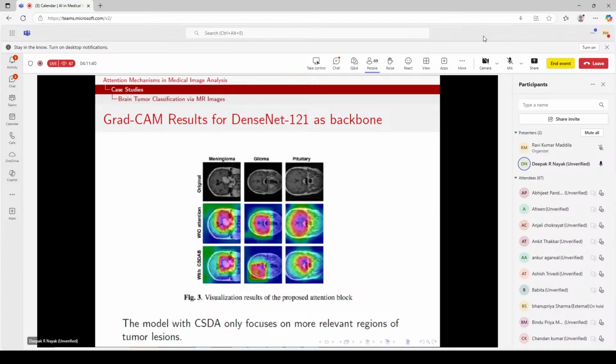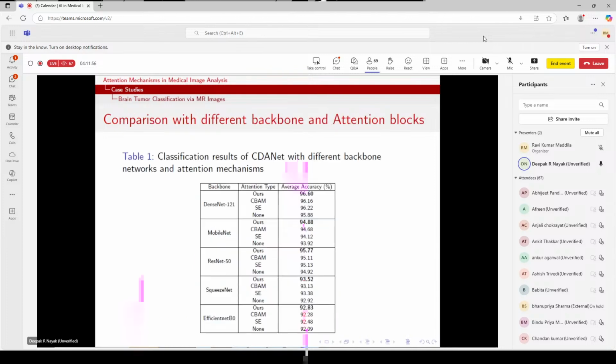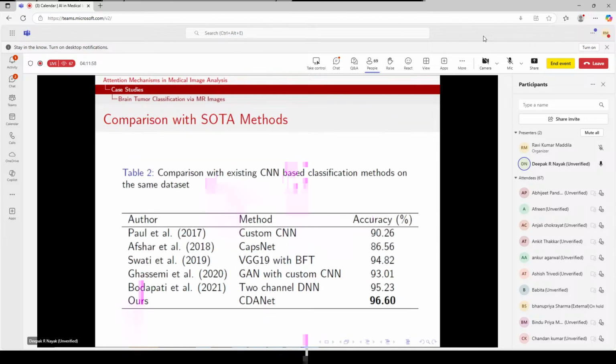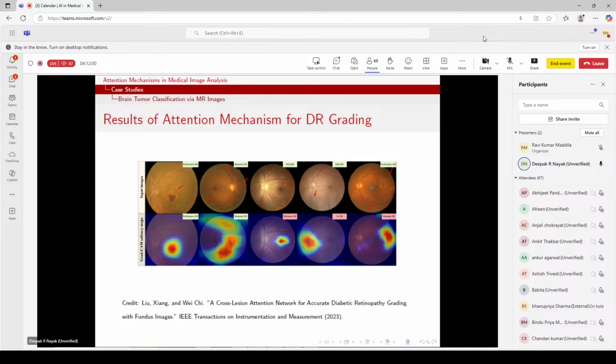But the model is focusing on every part without attention, while with attention, the model is clearly focused only on the important parts, and is ignoring the other, irrelevant parts, right? That is possible with the help of the attention mechanisms. And here are some comparison results. If you want, you can check.